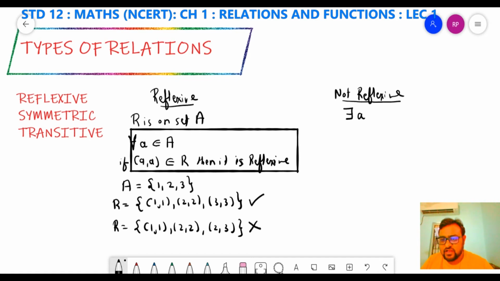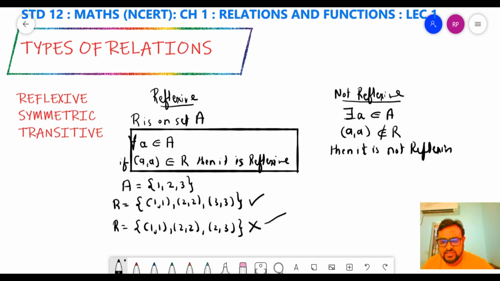Okay, so for this, and this is the symbol for "there exists" any element a belonging to A such that (a, a) does not belong to R, then it is not reflexive.